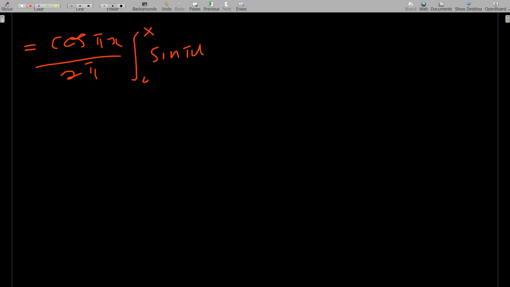This will give you cos pi x over 2 pi, the integral from 0 to x sine pi t cos pi t dt. And we know this because we did it and we said it simplifies to half sine 2 pi t.